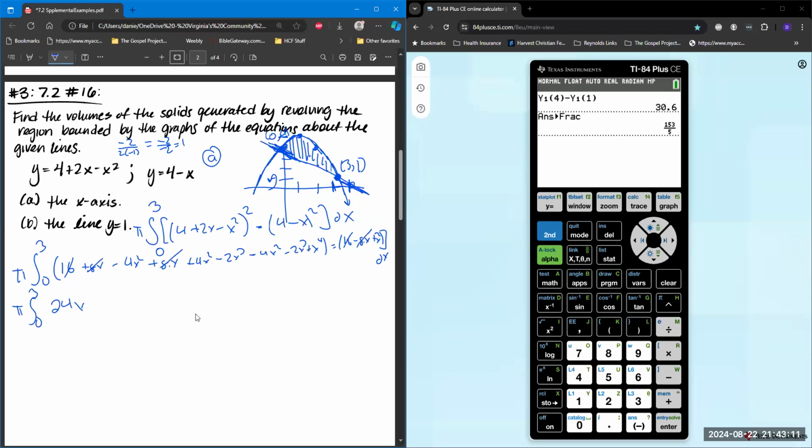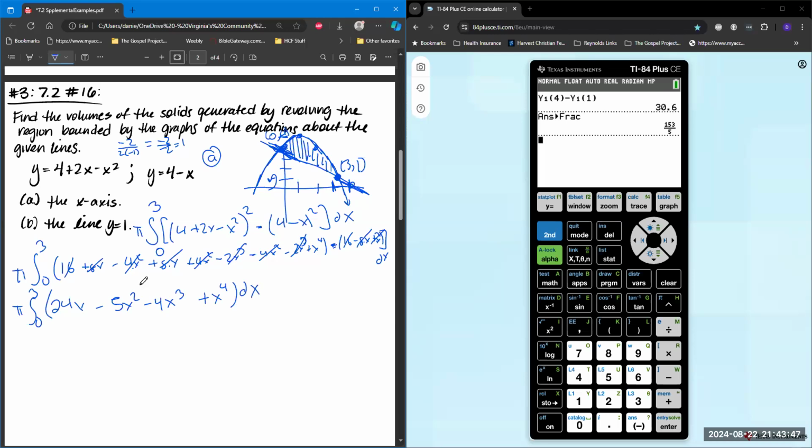Then I have a negative 4 and a positive 4 is 0x squared. And a negative 4 and a negative 1 is a negative 5x squared. And then I have minus 2 and minus 2 is a negative 4x cubed. And then plus x to the fourth.